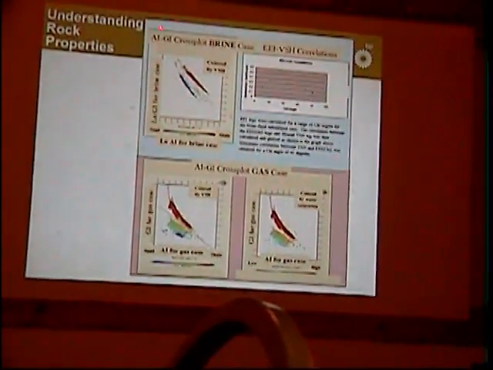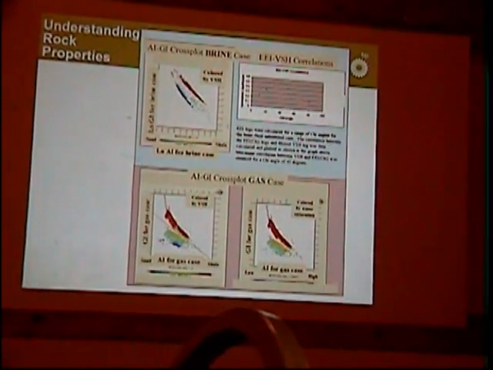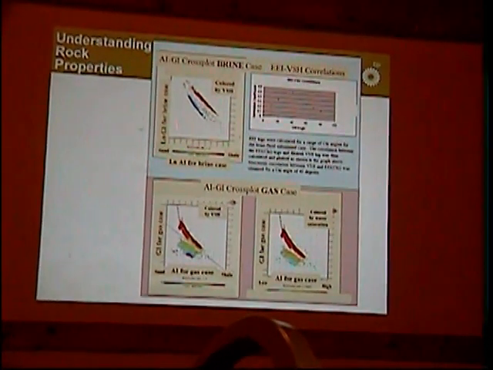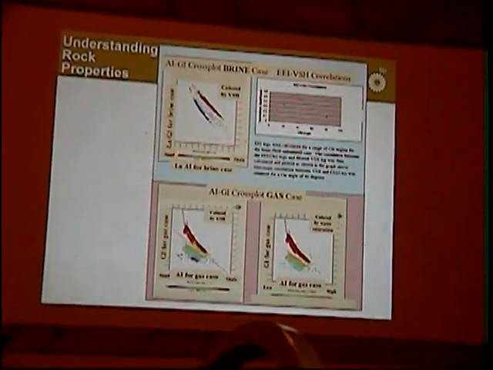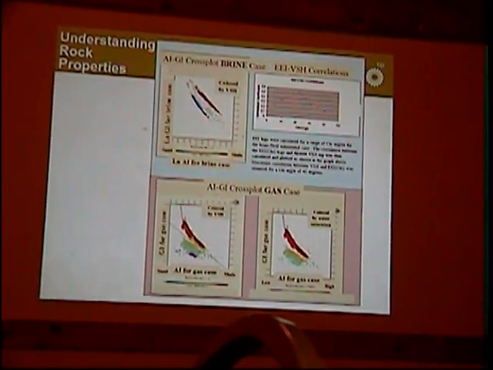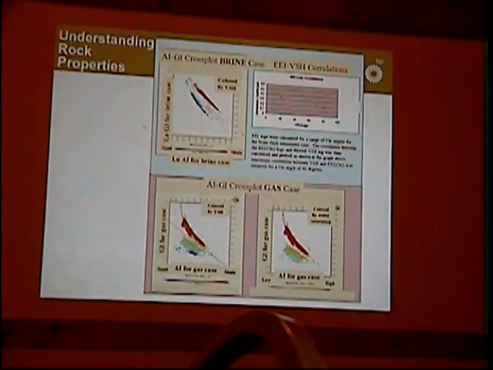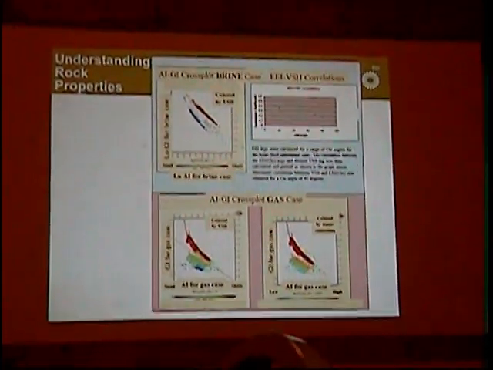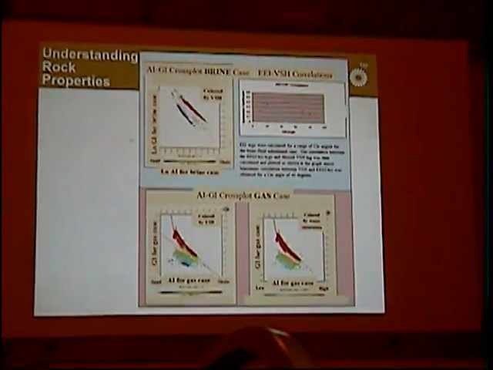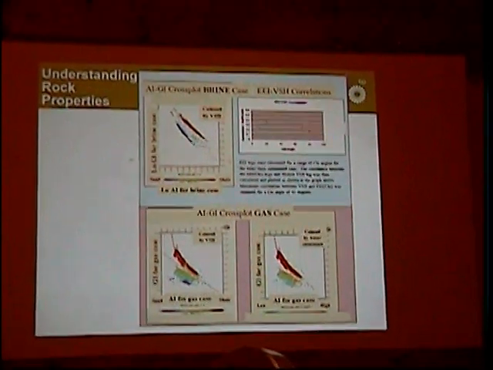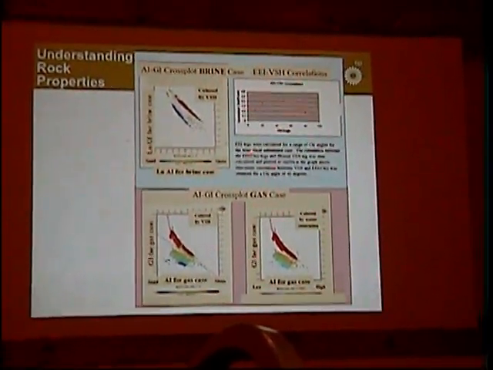So in this case, for the full range of my log extent here, the blue, which is the wet sand, is separated from the shale. What this is telling me is that I should be able to see wet sands in the system, because if I want to map my sands regionally, I should be able to do it. It's not going to look like background. It's going to stand out above background. That's what it's telling me.